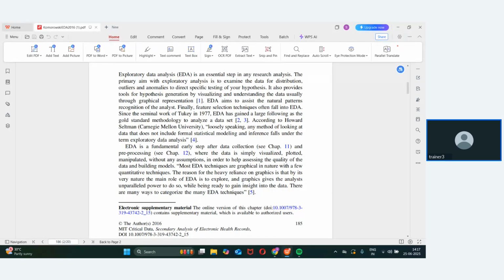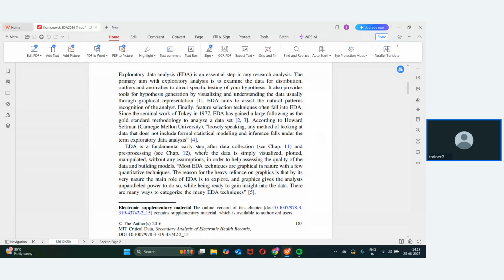So coming again, EDA is an early step after data collection. Yesterday I showed you a cycle of EDA, right? First it included data collection, then data cleaning, and then EDA. So it is the step that occurs after data collection and pre-processing. After collecting the data and cleaning the data, we include exploratory data analysis.